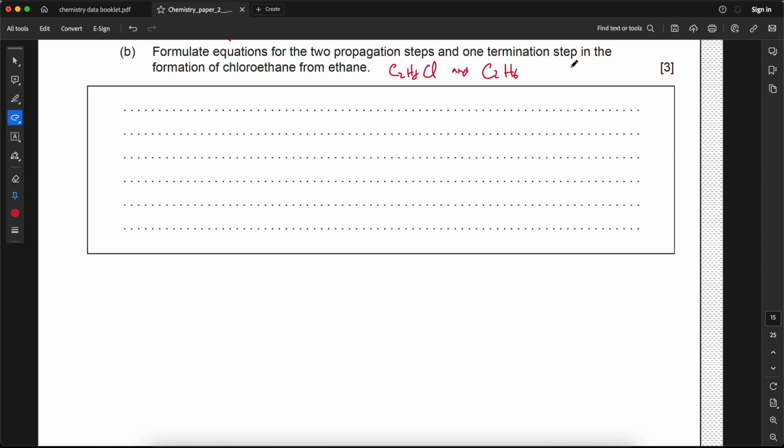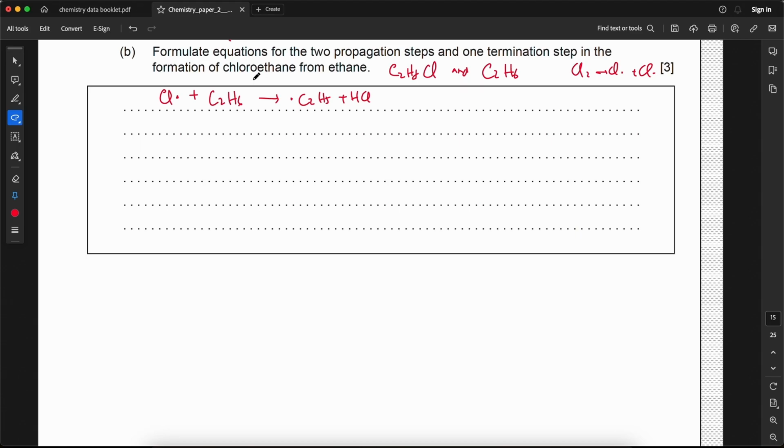So you know the first initiation, Cl2 will produce Cl radical and Cl radical. So for propagation, Cl radical reacts with other reactant, which is C2H6, to produce C2H5 radical and HCl.